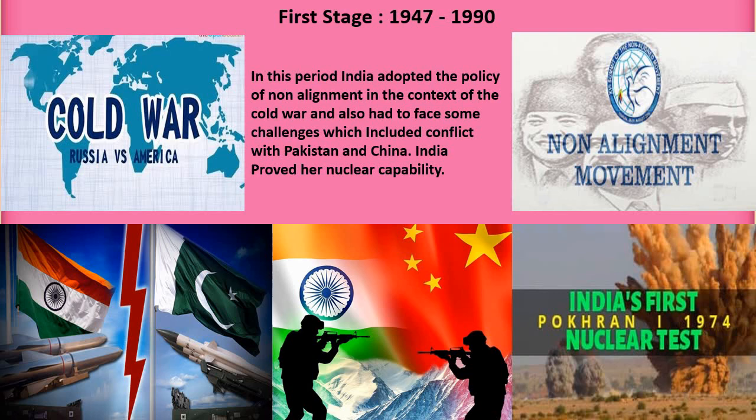India proved her nuclear capability too during this time by conducting the nuclear test in 1974 at Pokhran in Rajasthan. India showed its ability in the field of nuclear technology. So, during the first stage of India's foreign policy, India started to move towards development.